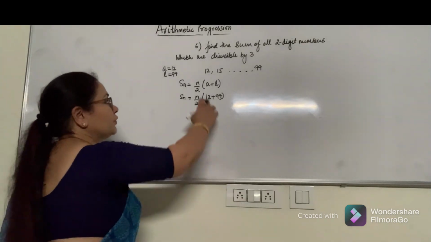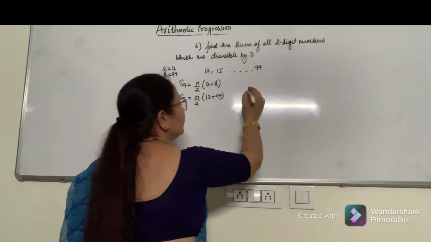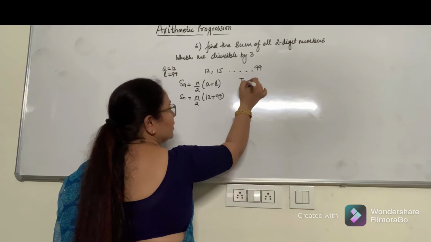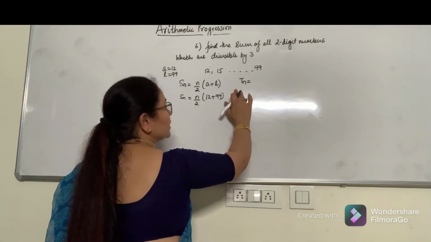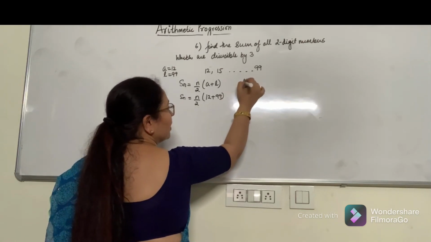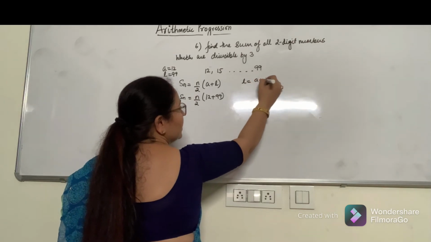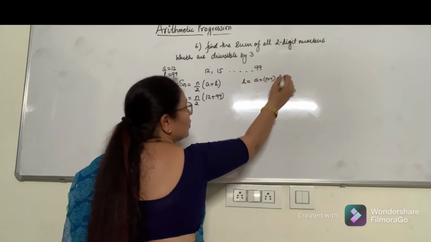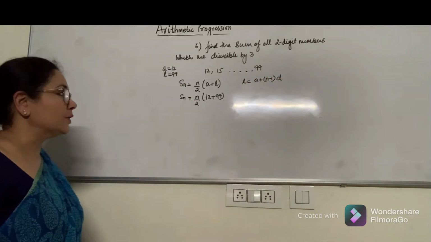How many terms are there which are divisible by 3? To calculate the number of terms, we will apply the formula: last term is equal to a plus (n minus 1)d, because we don't have the value of n right now.